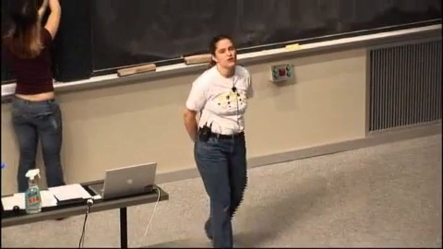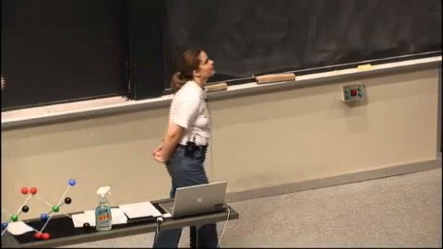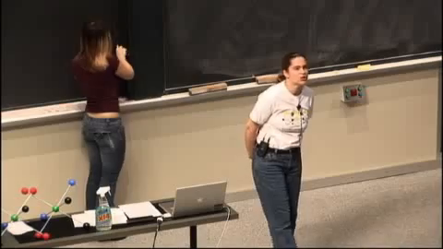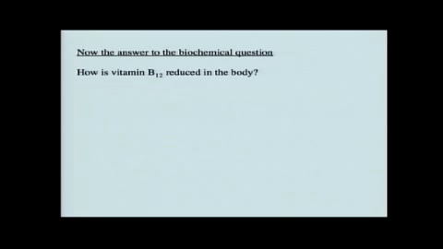So we're going to talk about that in a few minutes, but first I want to answer the question from last time. I know you've all been wondering about how vitamin B12 is reduced in the body. So let's take a look at this now.